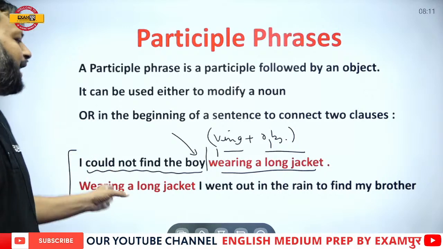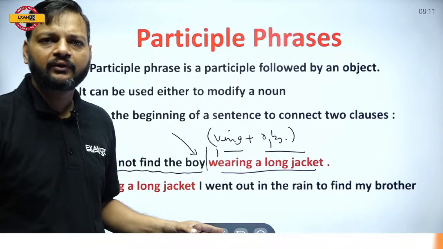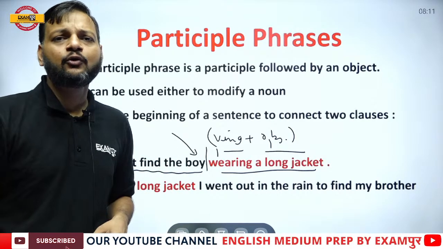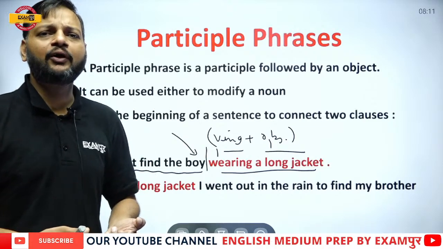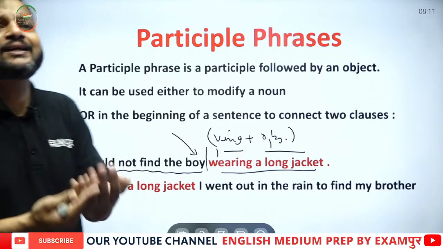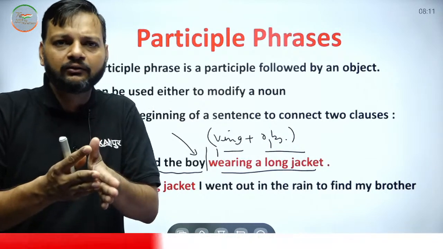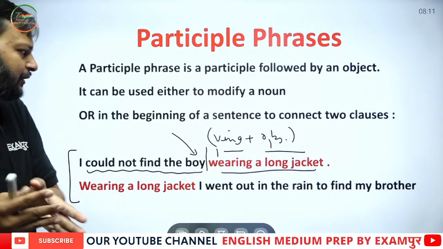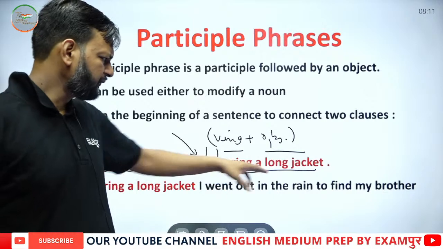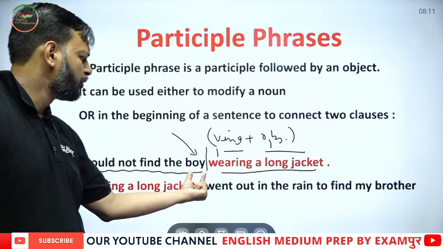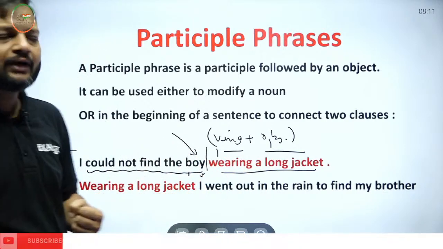I said I could not find the boy. When someone asked me which boy, I told his identity: the boy wearing a long jacket. So in this sentence, the present participle is used to modify the noun, right?